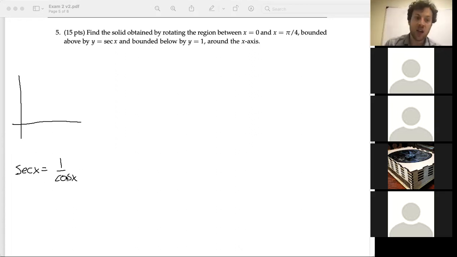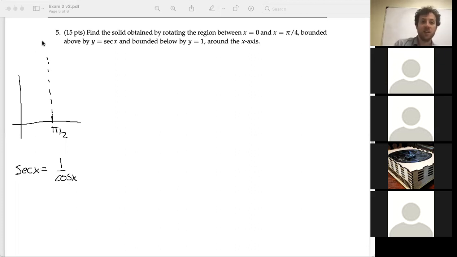One thing is that when cosine is 0 at pi over 2, we actually have a vertical asymptote. Also, the biggest cosine ever gets is 1, and so the smallest secant ever gets is 1.